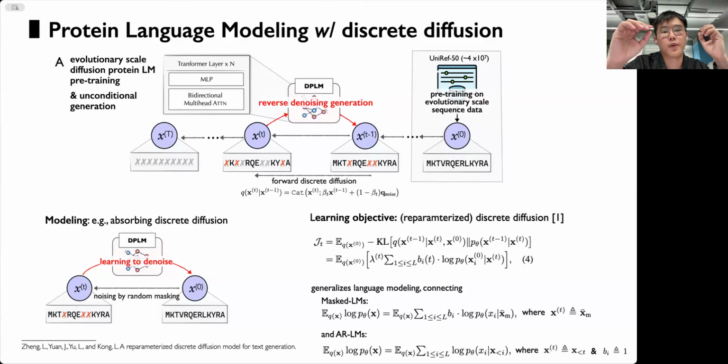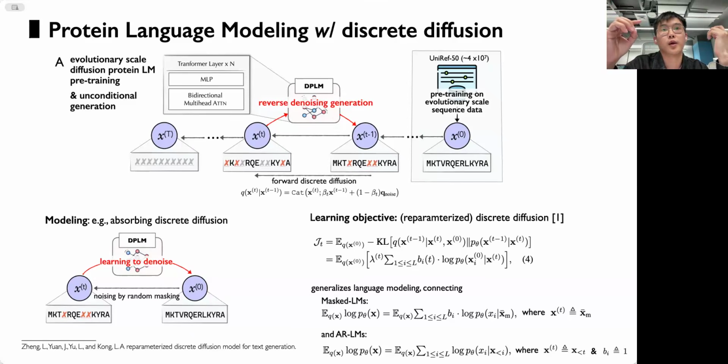So it can readily connect to the masked language model and autoregressive model. It can also be seen as a generalization of the masked language model, and you can treat it as a masked language model that can generate.